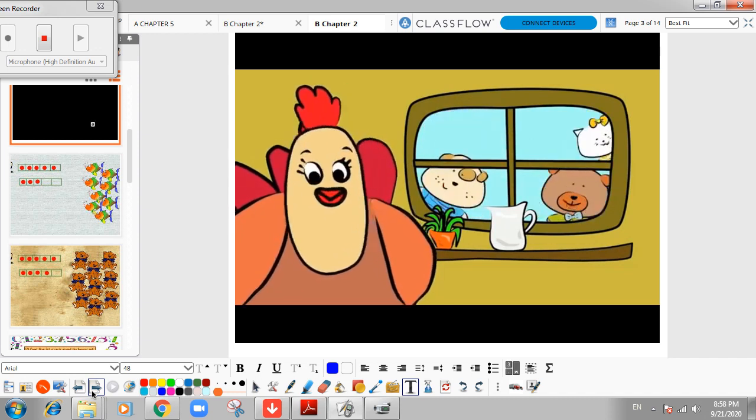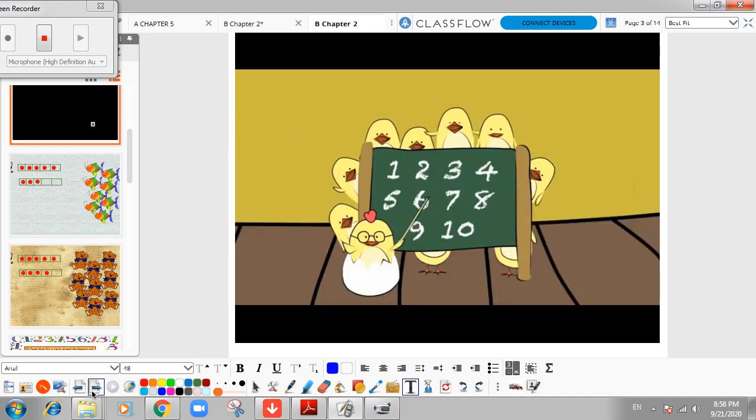How to count? Yes, I know. Yes, I know. How to count?